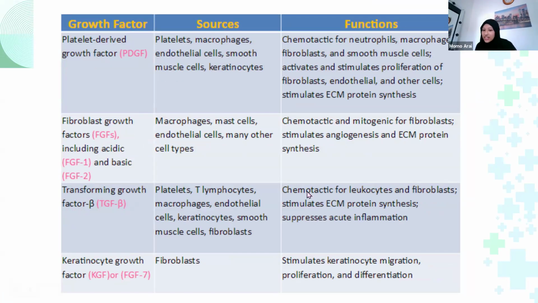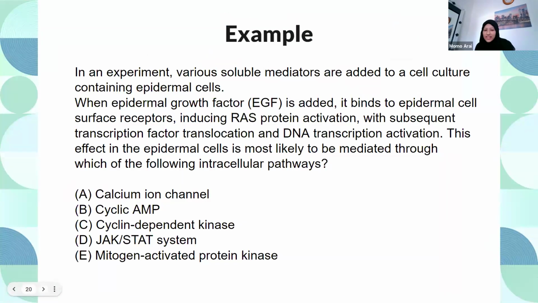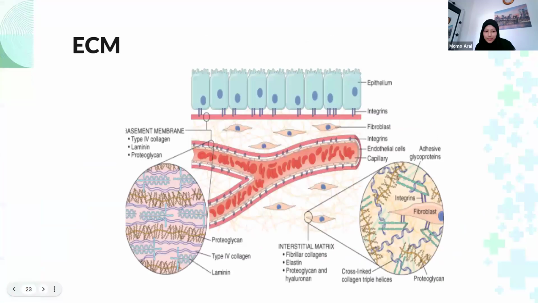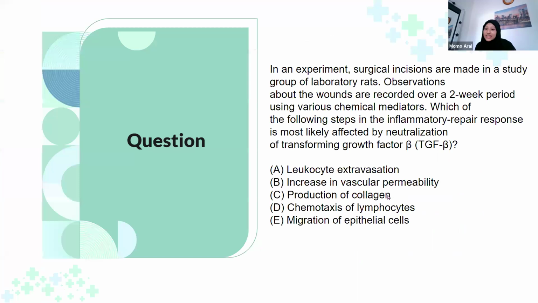We mentioned that the components of the extracellular matrix include collagen, elastin, fibroblasts, everything that makes it up. That's why the answer is collagen, because collagen is used for repair, like scar formation and so on, right?